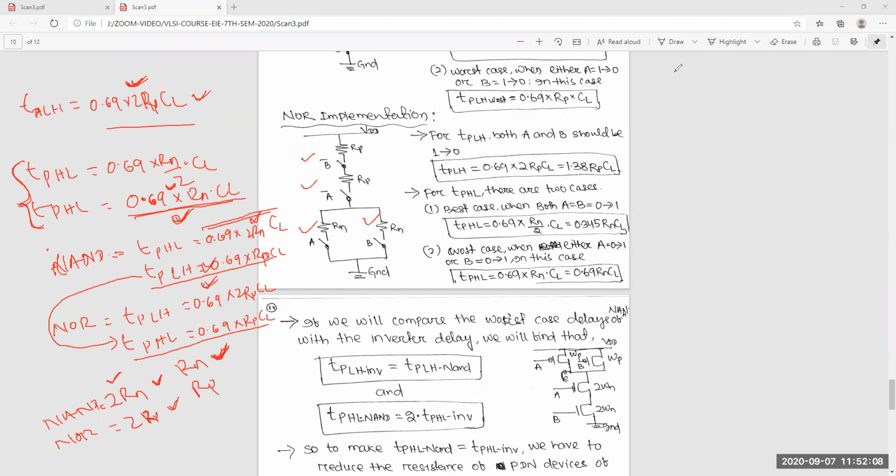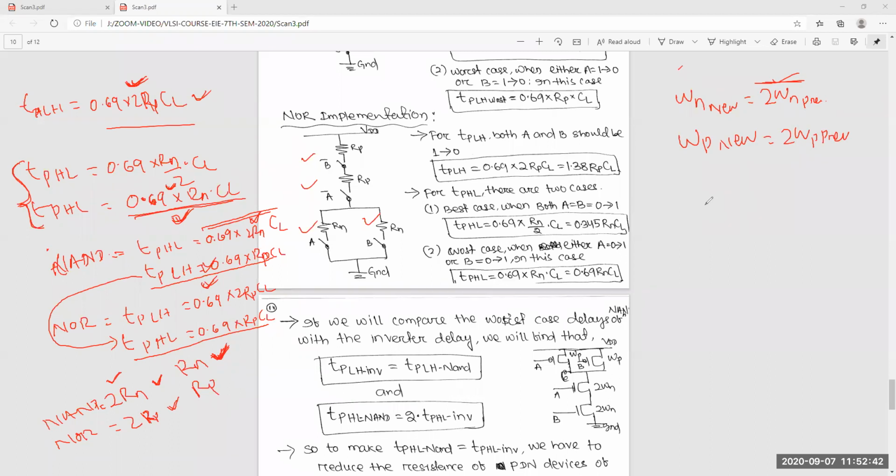That means Wn new is equal to 2 Wn previous. Means you want to make Rn half, so W should be 2 times. Similarly, for a NOR gate, Wp new is equal to 2 Wp previous.